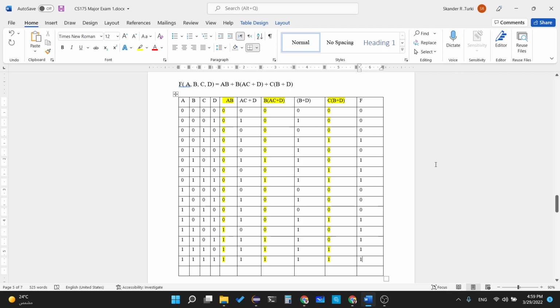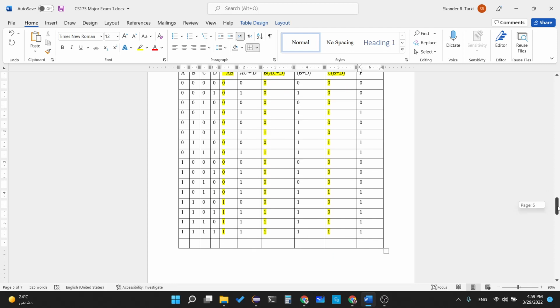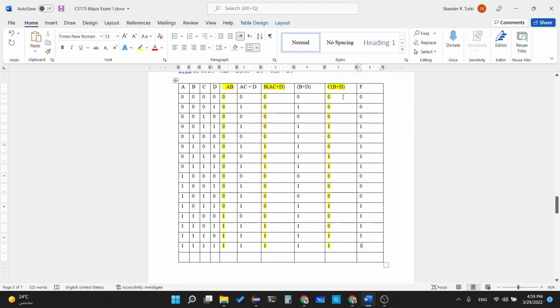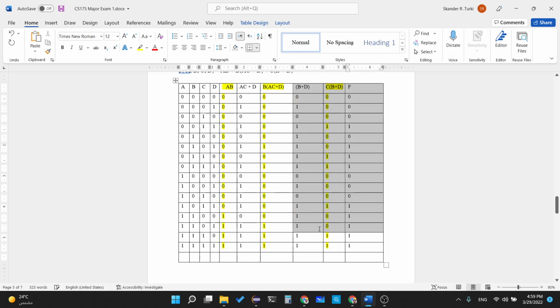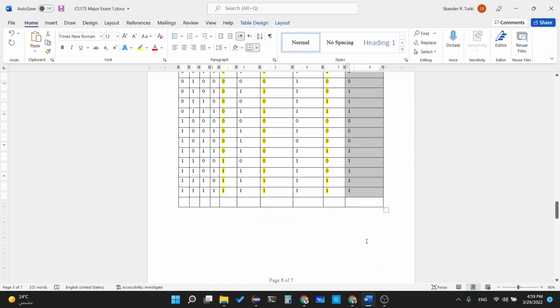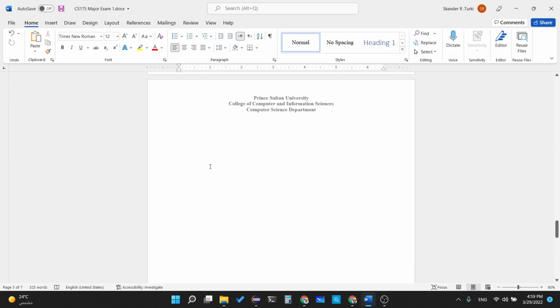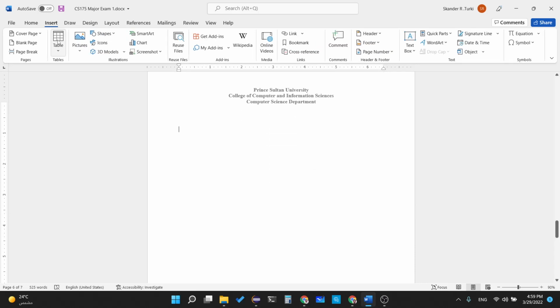Okay, now we need to report F on a K-map. I will just copy this column. Insert table.